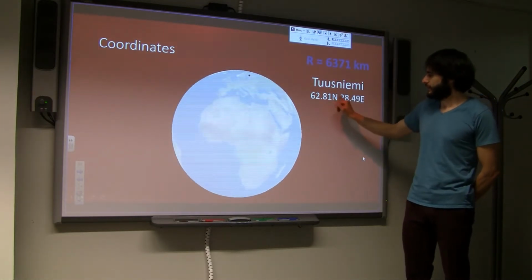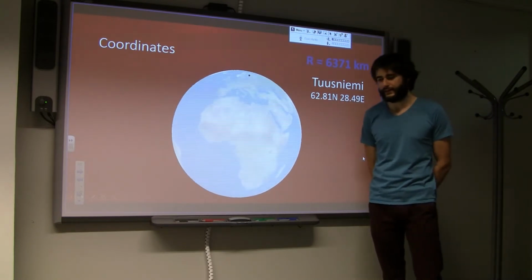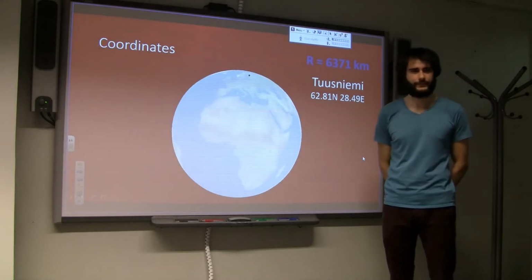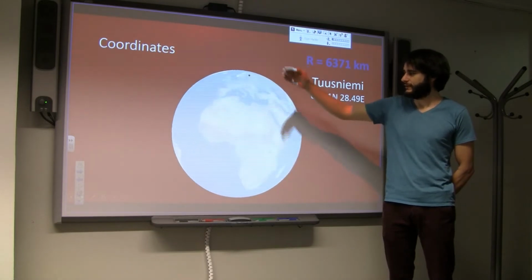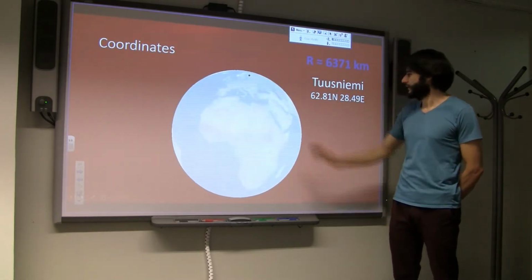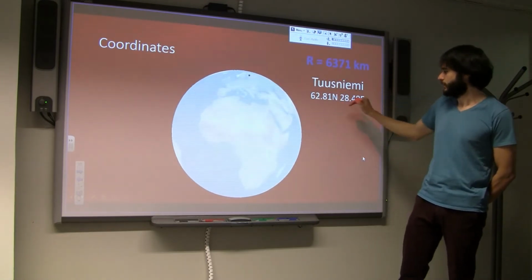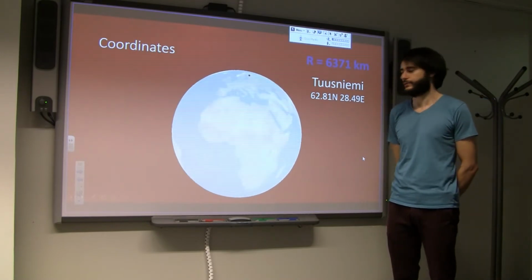So in the northern hemisphere, 62.81. These latitude values are degrees. So they are degrees: how far up, what angle from the equator you go up, and how much from the prime meridian you go to the east. So that's what the latitude and longitude values mean.